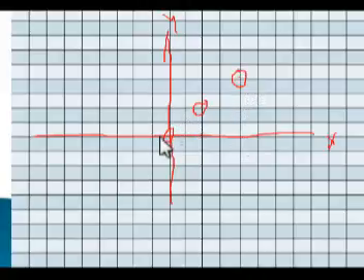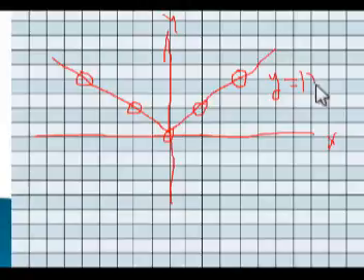When we take minus 2, then y will be plus 2. y cannot be negative. When we take minus 5, y will be plus 5. So in this way, the graph will be. So this is the graph of modulus function y equal to mod of x.